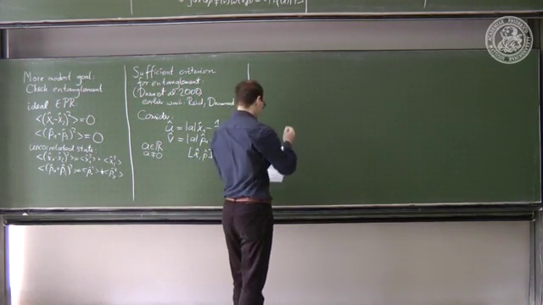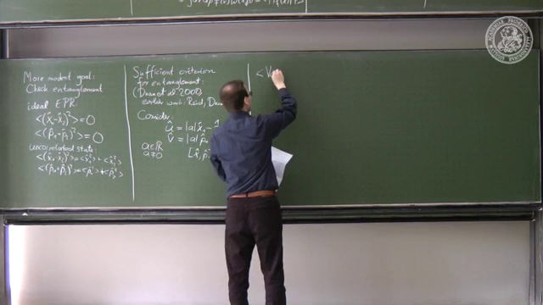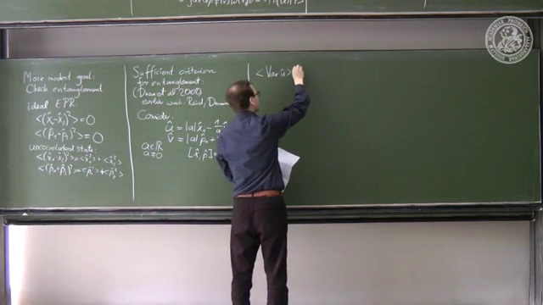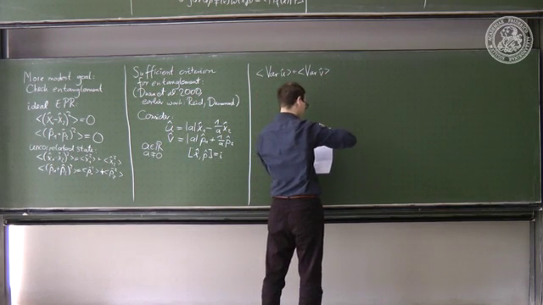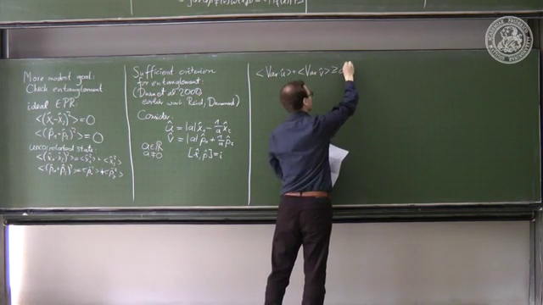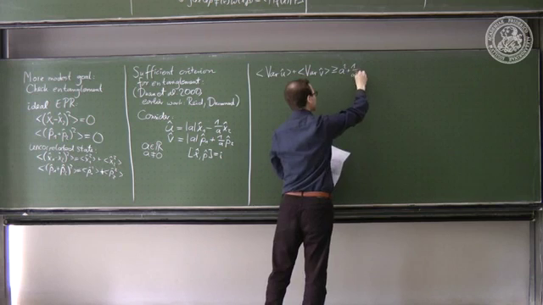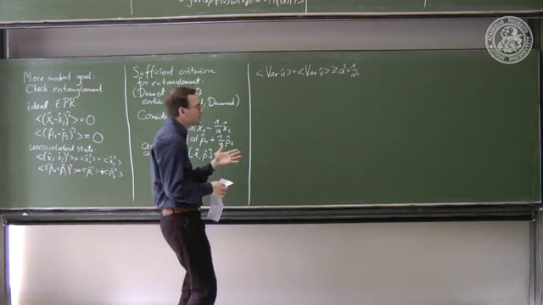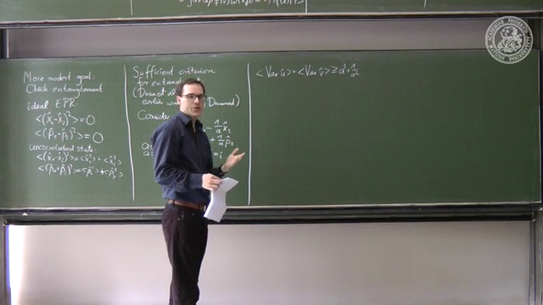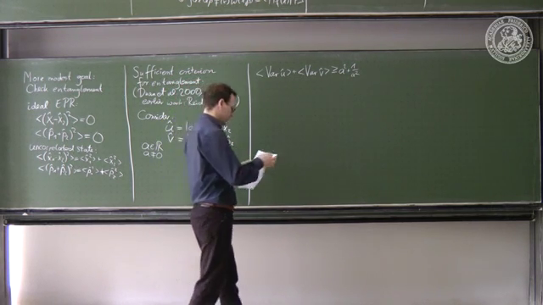And then they consider the following inequality. So the variance of u plus the variance of v is larger than or equal to a squared plus 1 over a squared. And if this inequality is violated for any choice of a, then you're sure you have an entangled state.